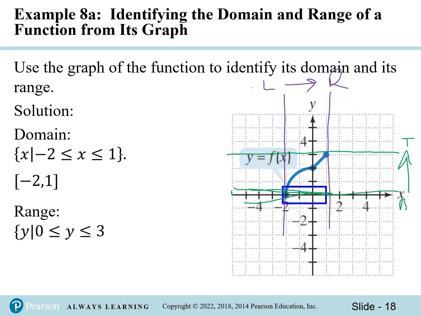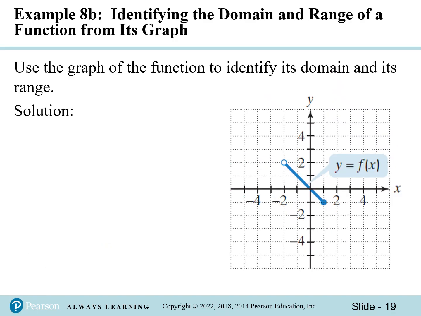So in set builder notation, it's 0 less than or equal to y, less than or equal to 3. And then interval notation is 0 to 3. Again, brackets because the endpoints are included. Okay, again, that's the rectangle there, looking at those y values on the axis.